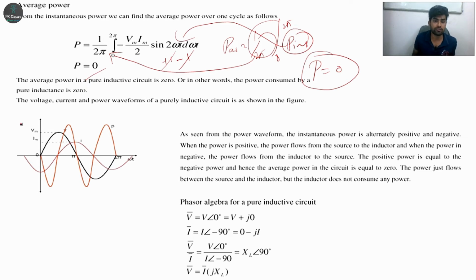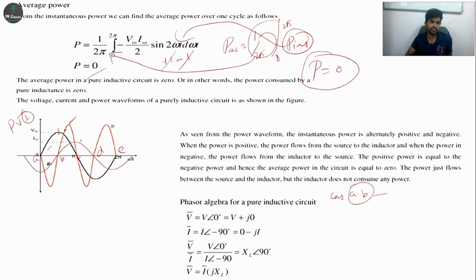So next we'll move on to the power, voltage, current waveform. The power waveform is this one, and then voltage is this one, the black line, and then the pink line is current. Okay, so I'll be considering intervals A, B, C, D, E. Case 1, A to B: here current is negative, voltage is positive, so negative power.